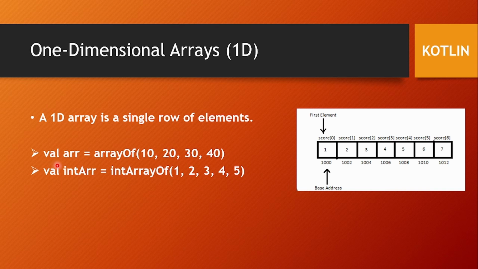In this example you can also see different ways of creating an array. In the simple way, you can create your array with the arrayOf function and specify your elements inside of it. In the next line you can see int arr, which is the specific way of creating arrays by specifying their type.